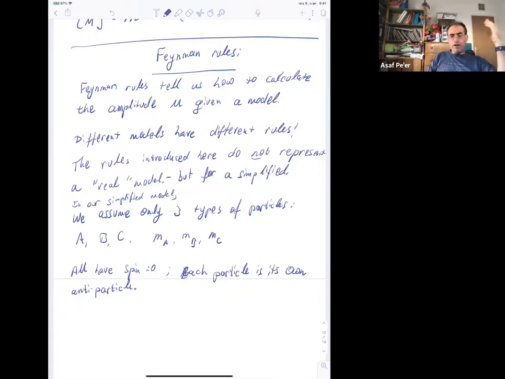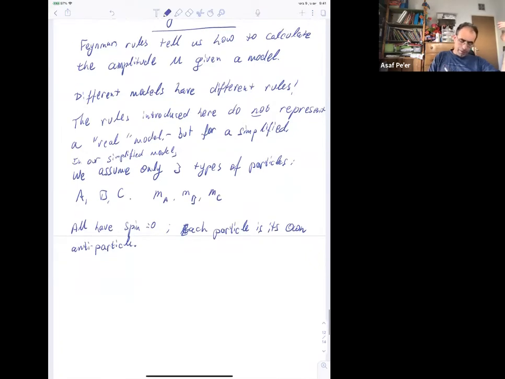So we only have one primitive vertex which connects all 3 particles together.